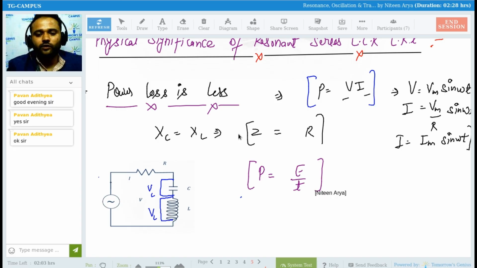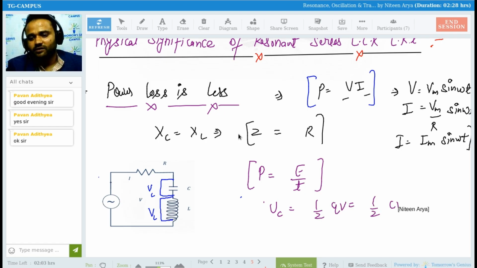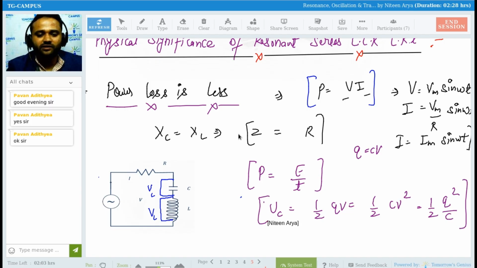So energy on a capacitor is UC equals half CV squared. Since Q equals CV, V equals Q by C, so this is half Q squared by C. This is my energy on the capacitor.